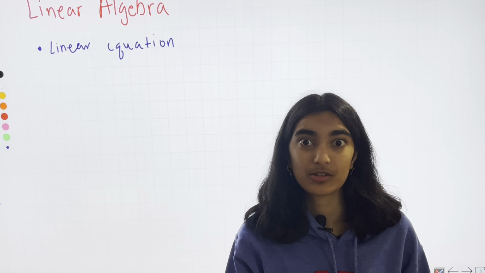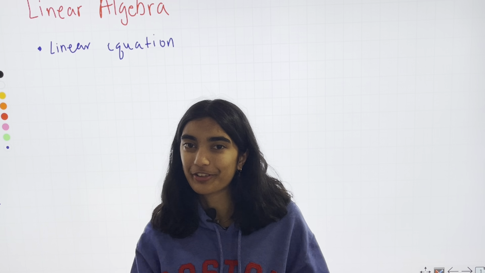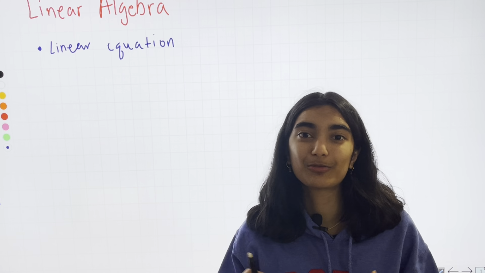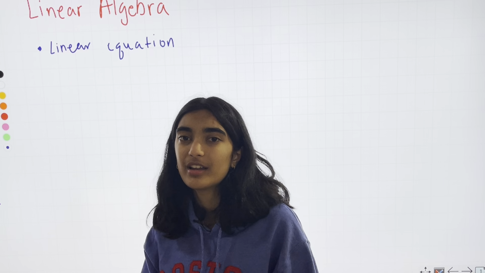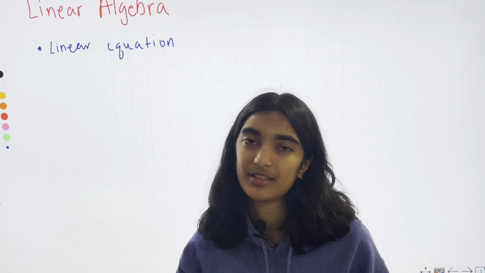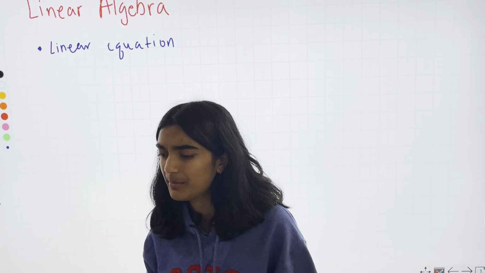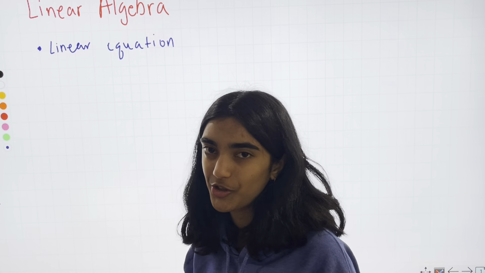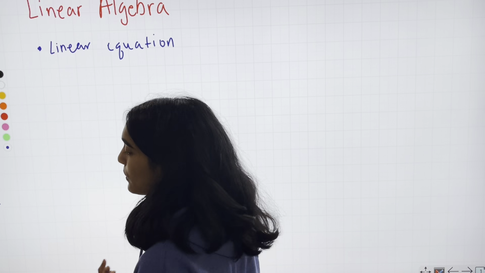It can be x, y, z, a, b, c, d, right? But instead of using all the letters of the alphabet, just in case we run out, let's just use x1, x2, and x3 to denote the different variables, just like x, y, z, and the other letters would. We don't have to, but it's just a convention that we start to use.